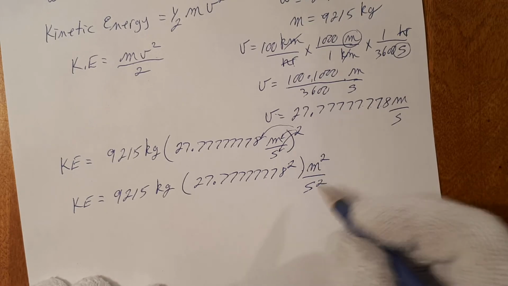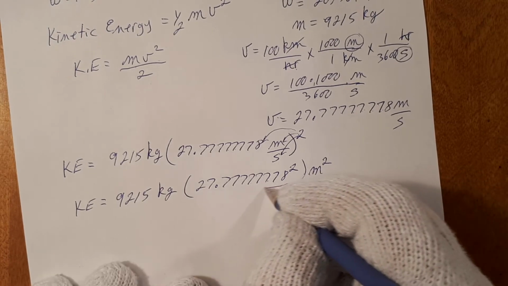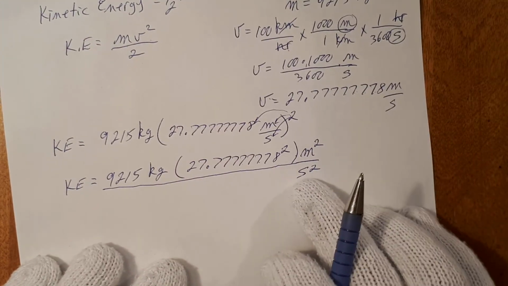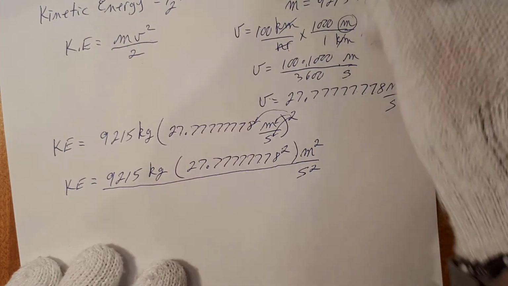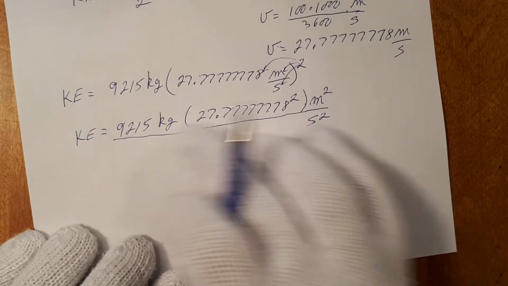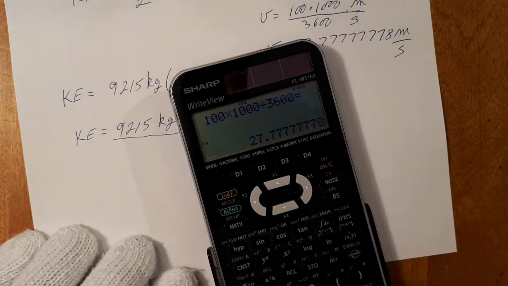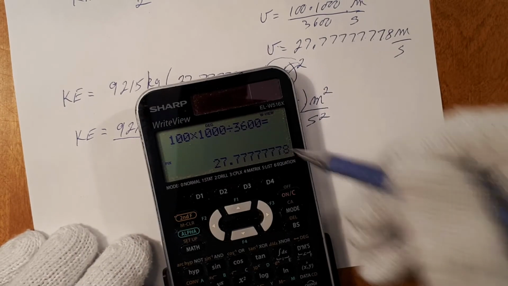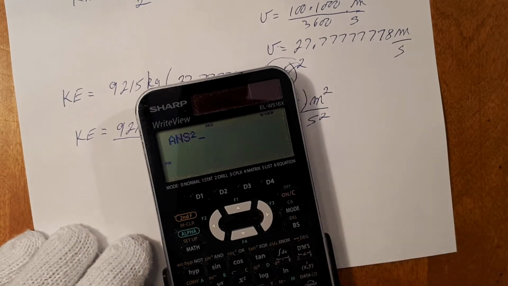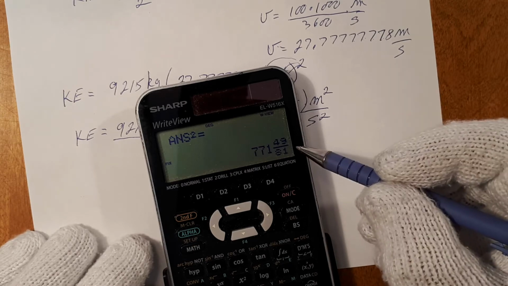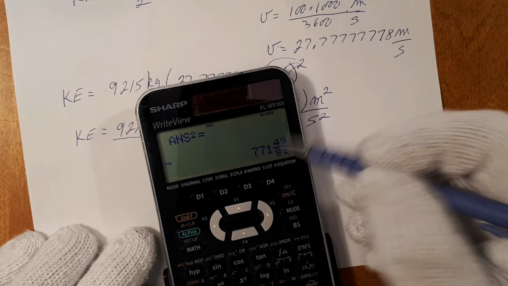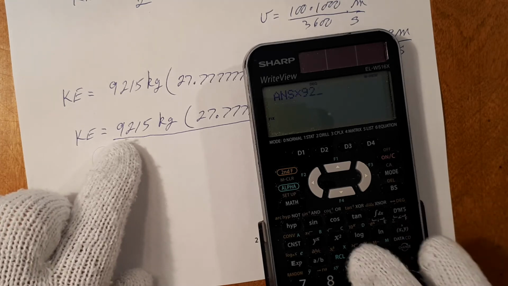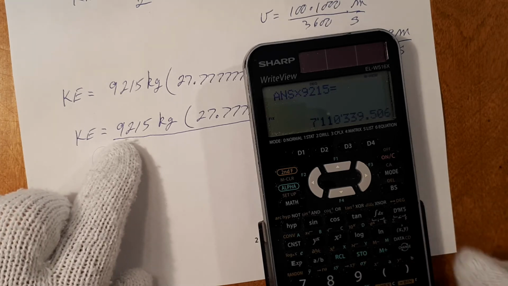Now this division of per second, I can stretch all the way across, divided by seconds squared. In my calculator, I already have this number. It's just a matter of squaring it and pressing equals. Now that I've squared it, multiply that times 9215, is equal to.